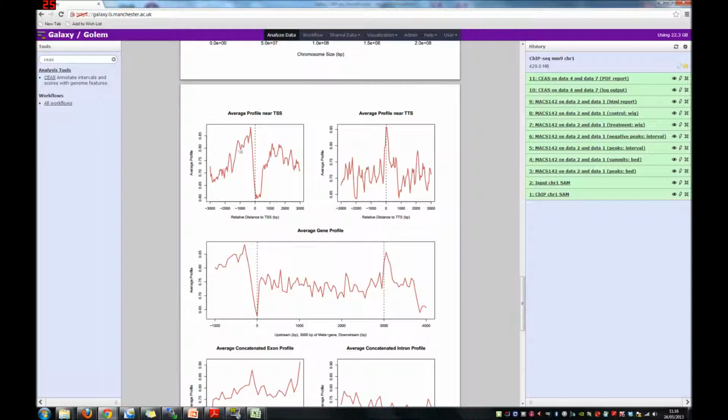So, for example, binding over the TSS, which is the transcription start site, the TTS, which is the transcription termination site, so the 3' end of a gene, and this analysis allows it to look over 3,000 base pairs upstream, downstream, and over normalized gene length.